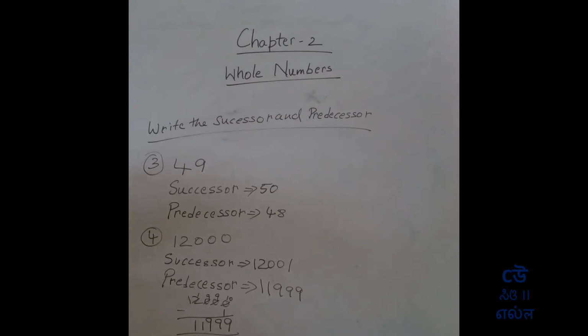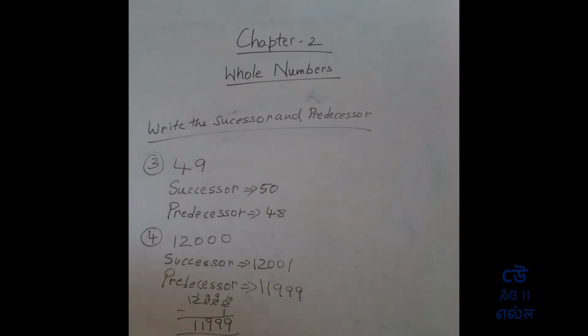Children, for example, we can count the number of children in our school, right? And we can also count the number of people in the city, and we can also count the number of people in India by taking the census. And also we can count the number of people in the whole world.